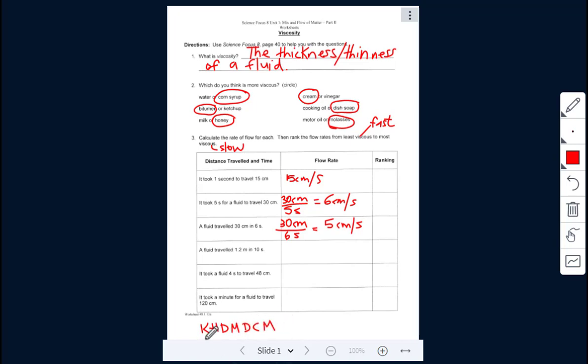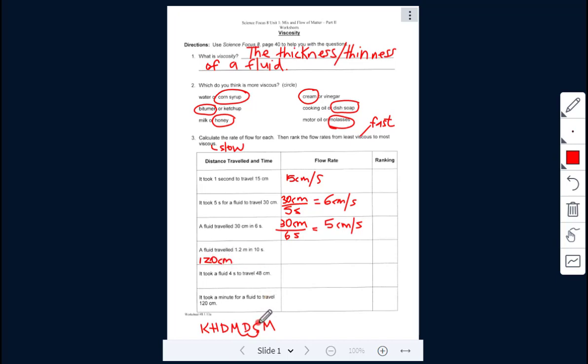The K is for kilo, H is for hecto, deca, M is for meters, D is decimeters, C is centimeters, and M was millimeters. So we're going from meters to centimeters, so we're moving our decimal place 2 to the right, 1, 2, that gives us 120 centimeters.